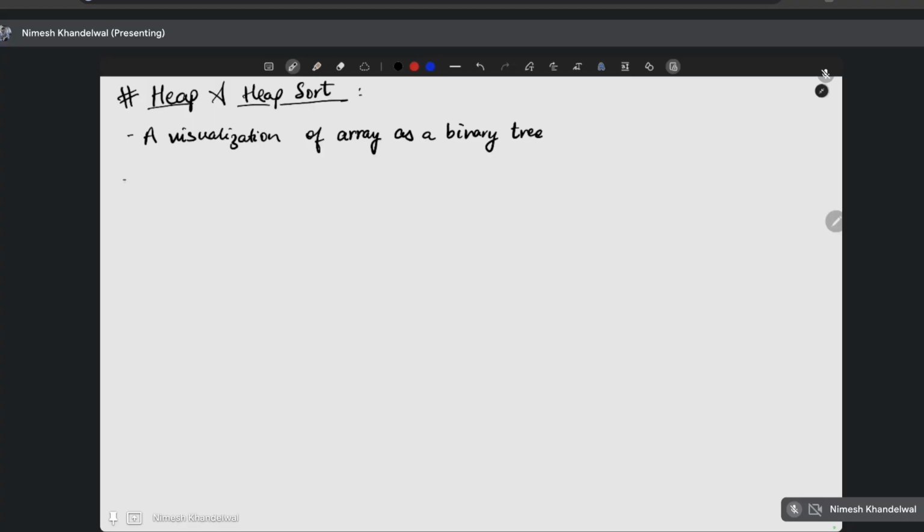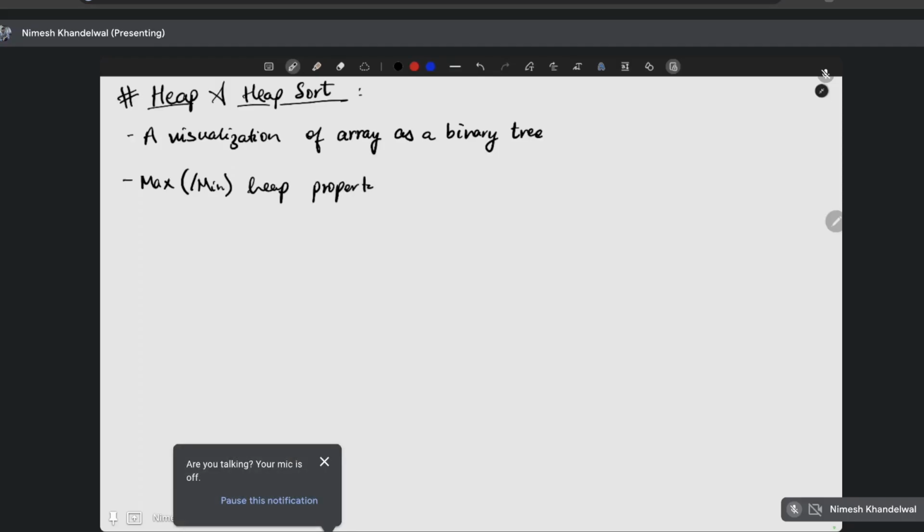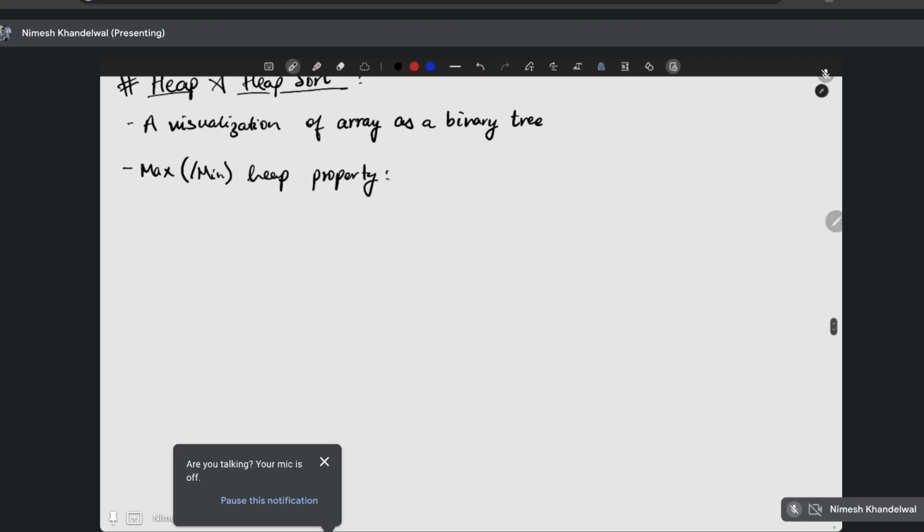And one of those properties is the max, or analogously min, heap property, right? And what is this property?